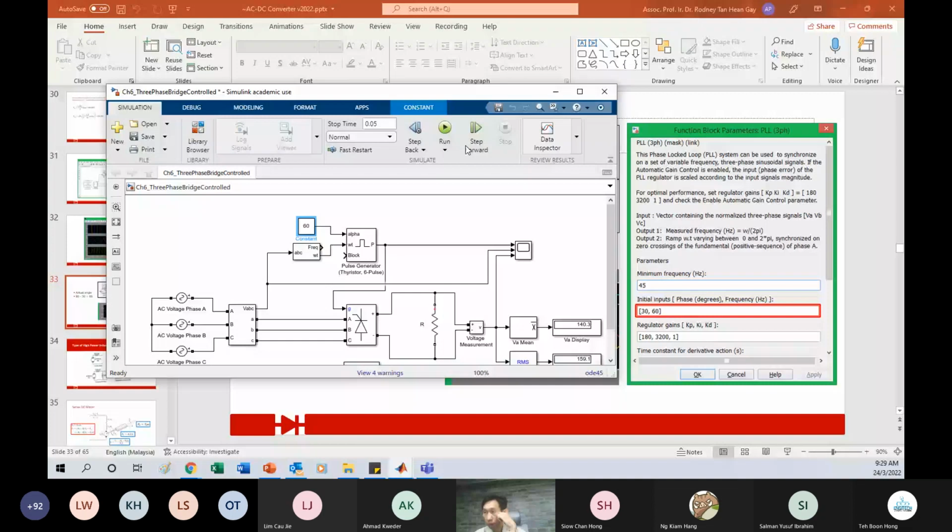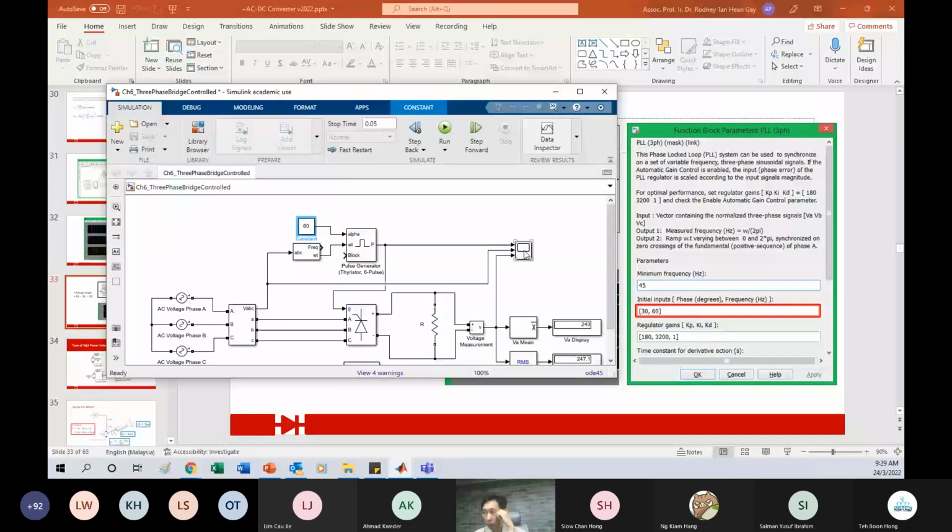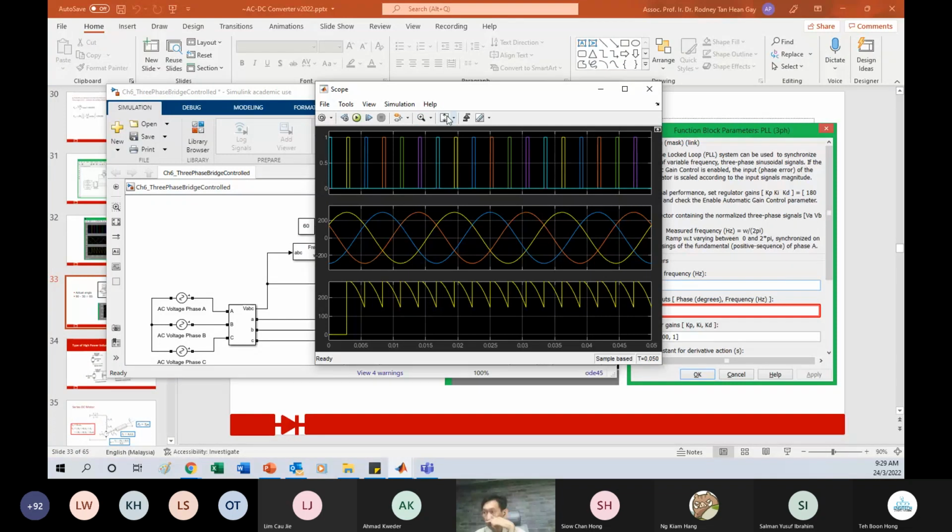So 60 minus 30, so the actual firing angle is 30 degree. Let's see. You can see it goes slightly higher now. You control how much it goes up and down.